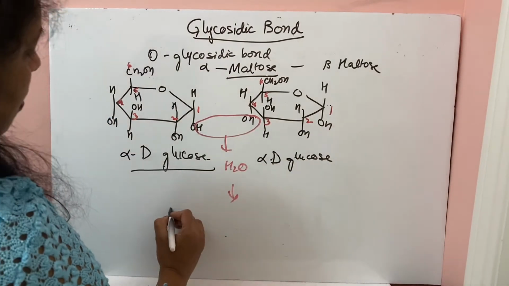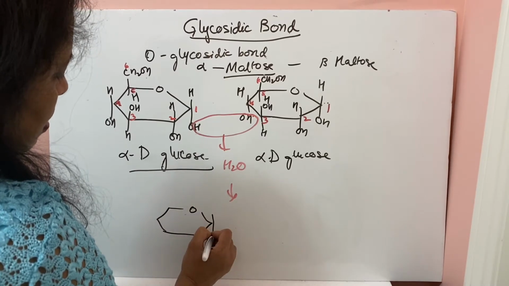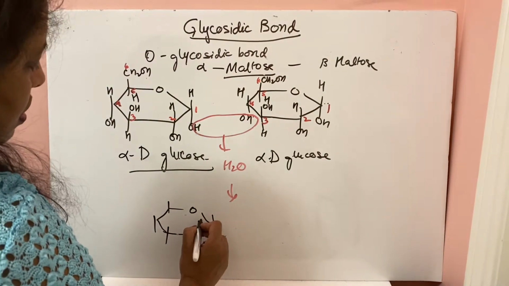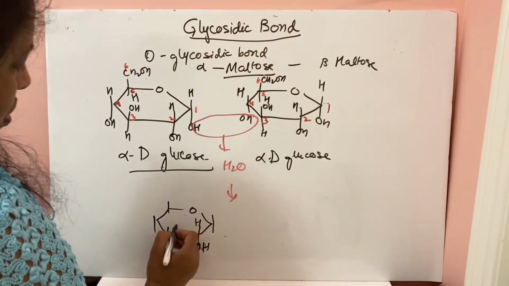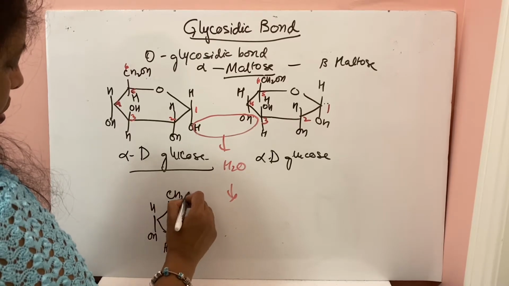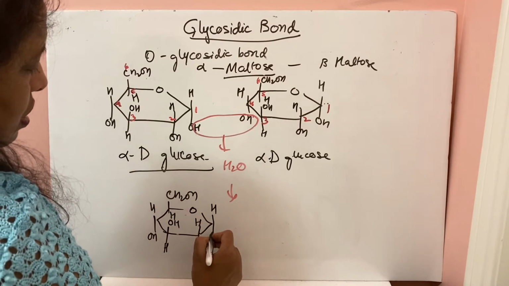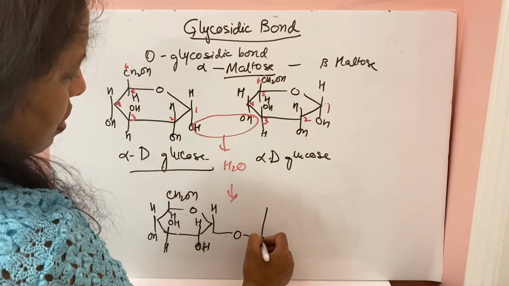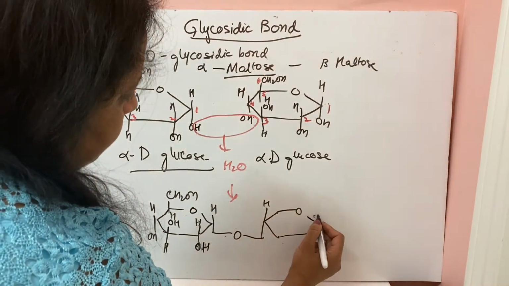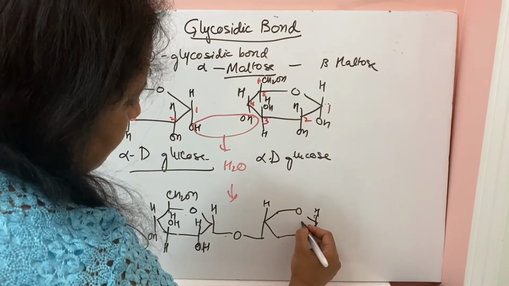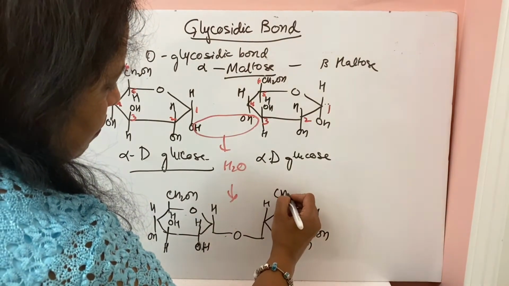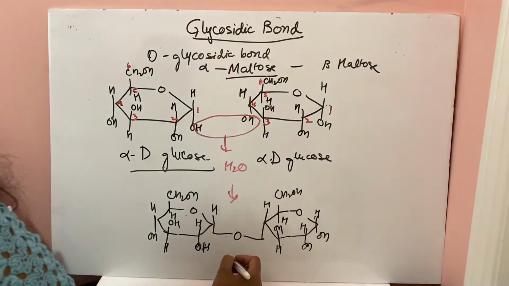This is the bond. So this is your alpha O-glycosidic bond.